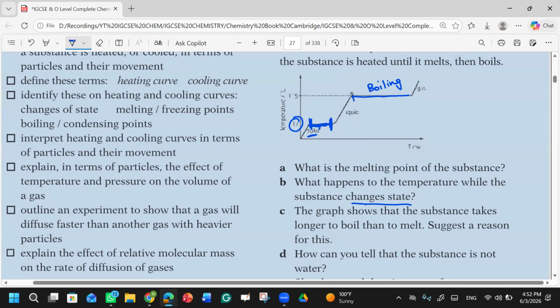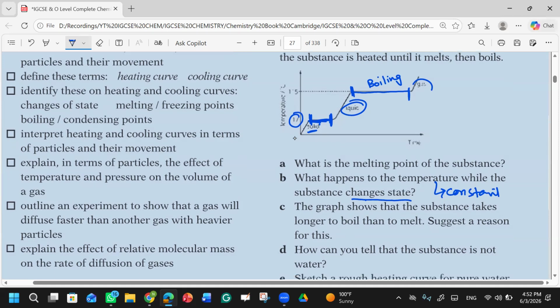And similarly, over here, the temperature is constant because at this time the energy in it is used to convert the liquid into gas form. Clear? Are you clear with this concept, why the temperature will remain constant? So we will say whenever there is a state change, the temperature will remain constant. Clear?